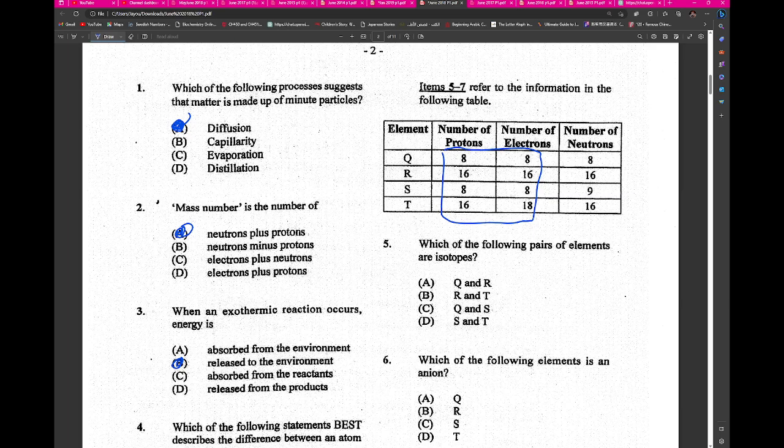Alright, so we see that this can't be it, right? That's some type of ionic species. So the number of protons of P and S are the same, the number of electrons are the same, but there's a difference in the number of neutrons, Q and S.